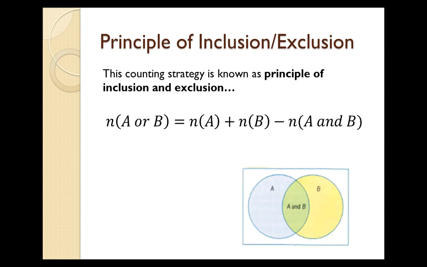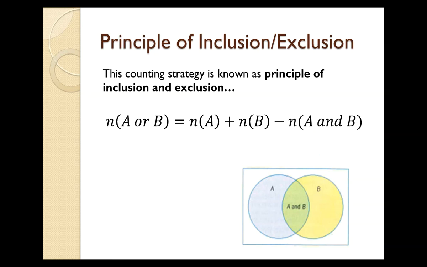This actually works for mutually exclusive events too, because if two events are mutually exclusive, the number of elements in A and B would be equal to 0. But for non-mutually exclusive events, we use this principle of inclusion-exclusion.